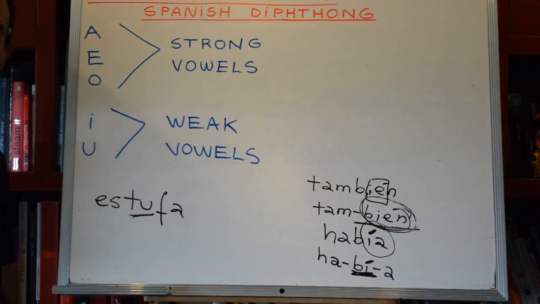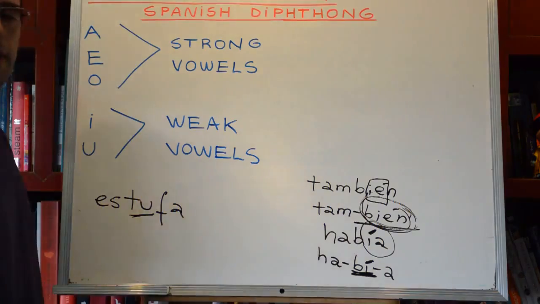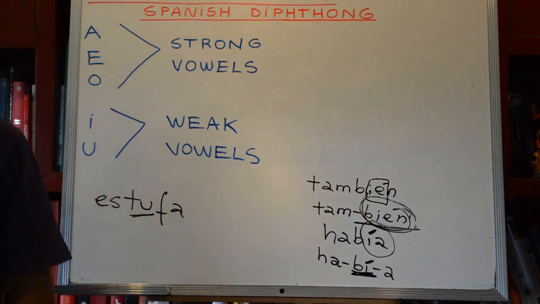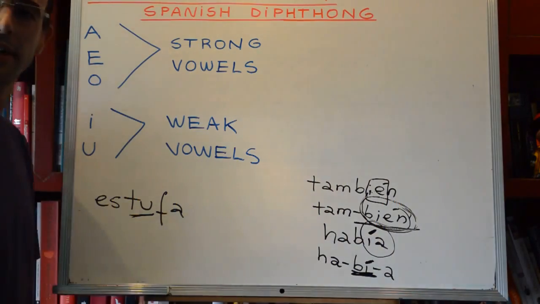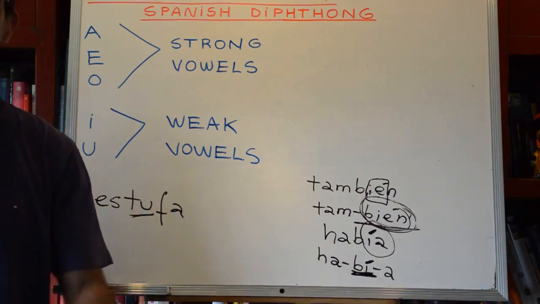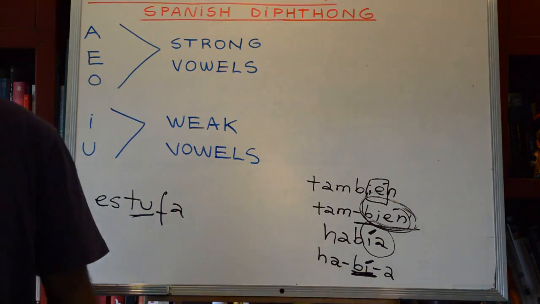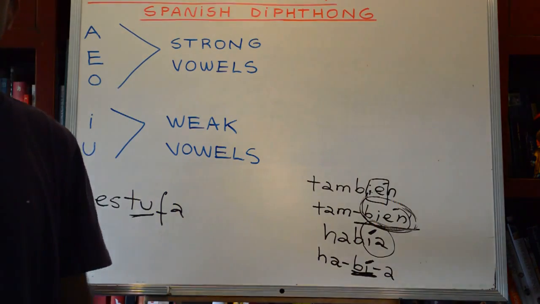However, since it carries the sílaba tónica, the stress of the word is on the I, right? Then it becomes a strong vowel because the accent is right on that vowel.